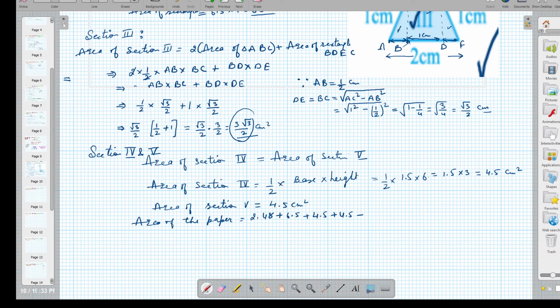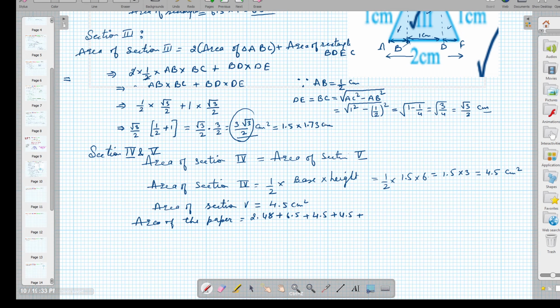We have to convert the section 3 area into decimal. 3 under root 3 divided by 2. So this area will be 1.5 into 1.73 centimeter square.